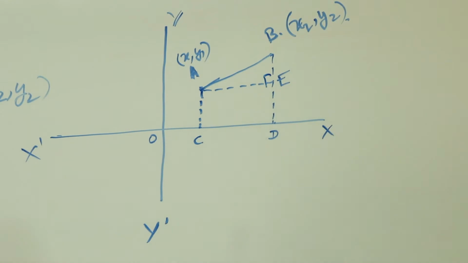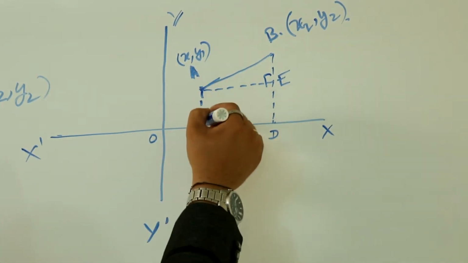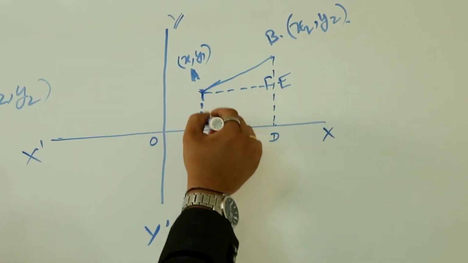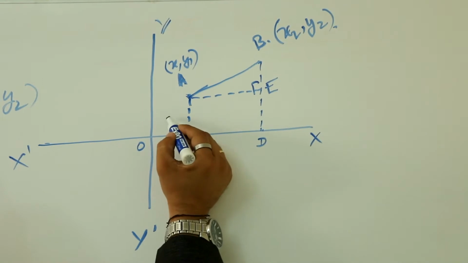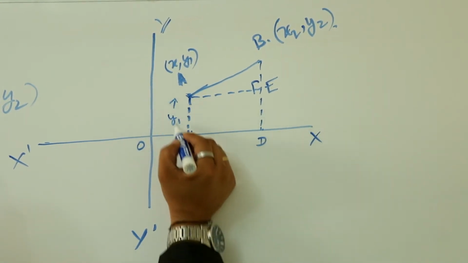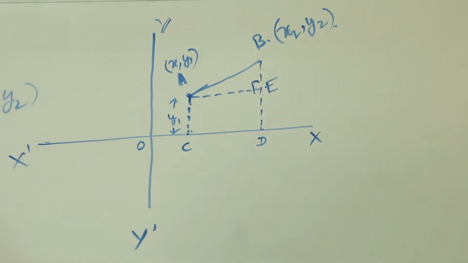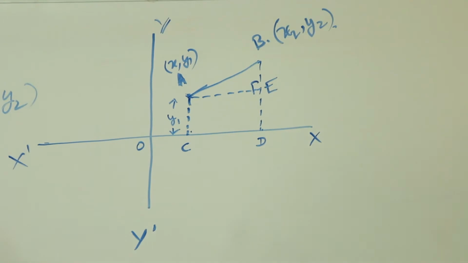So how do we find them? Now see here. What is the distance of AC? The distance of AC is y1. And what is the distance of OC? x1.